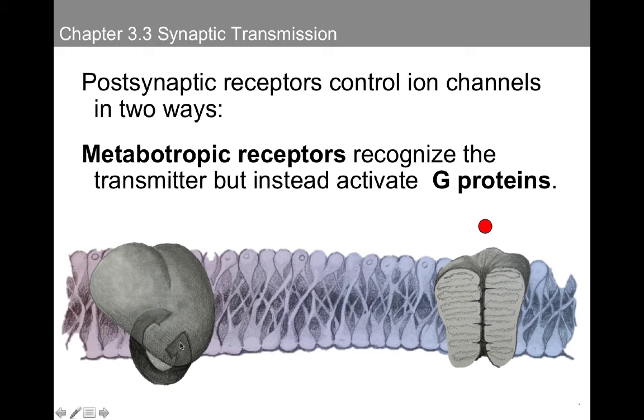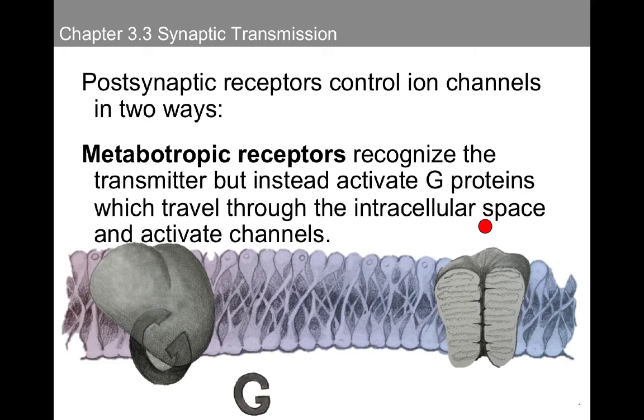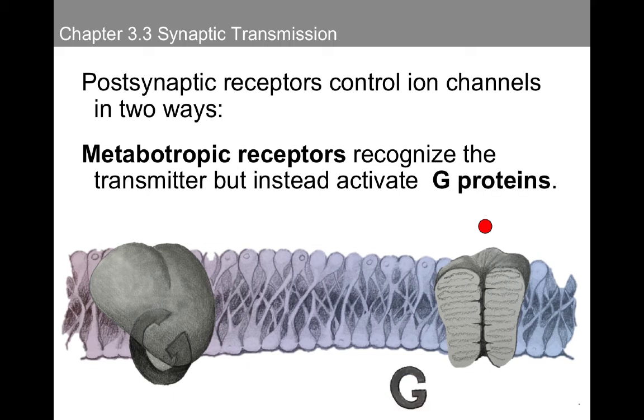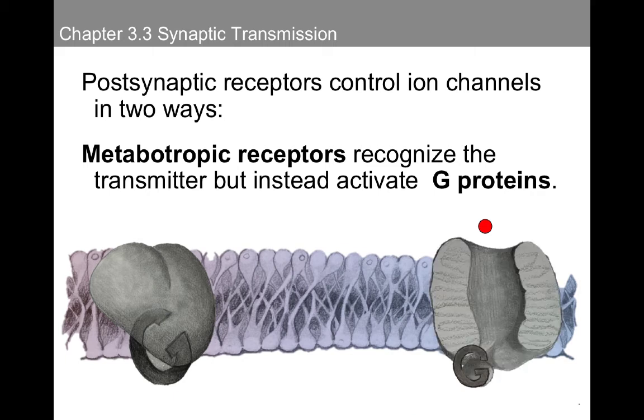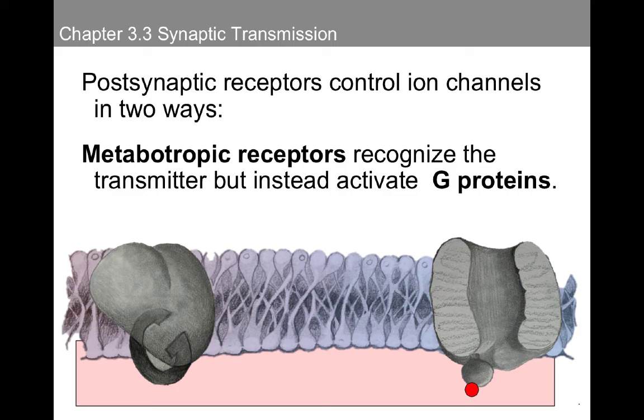I made it a G. I don't know that they look like Gs, but it's released whenever a neurotransmitter hits it, and then the G protein travels through the intracellular space, and then it reaches a channel that it opens, and that channel allows an ion to enter into the intracellular space. And then the pink color again represents the graded potential.